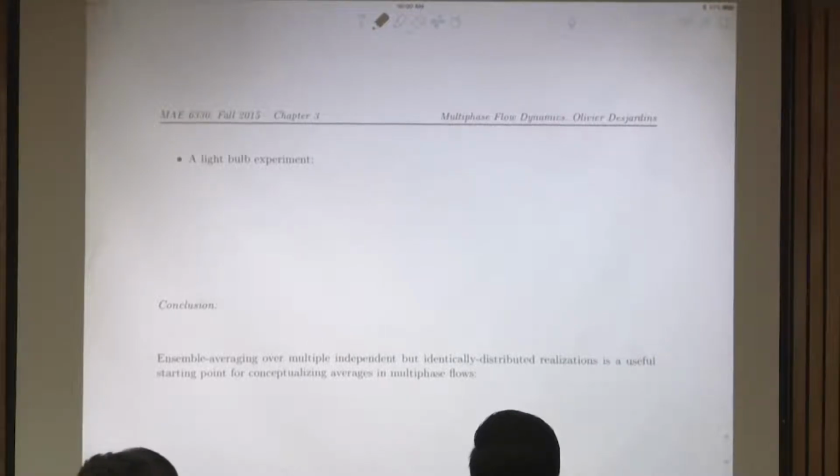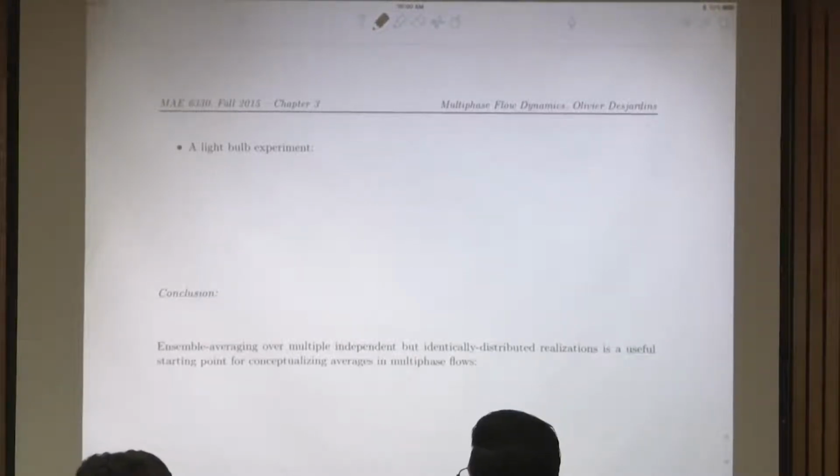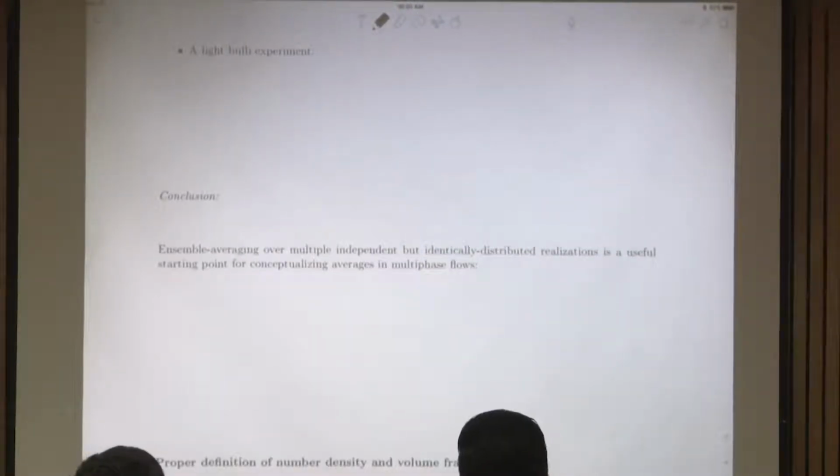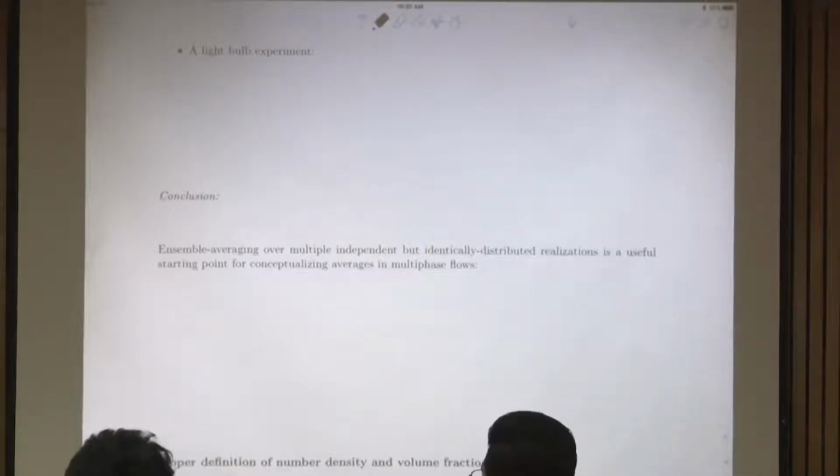I mean, I had another example here, but I think we can skip this. But the big idea is that if you want to have a properly grounded, always applicable theory for multiphase flows, you do want to make use of a proper concept of mathematical expectation. So I'll concede that point.